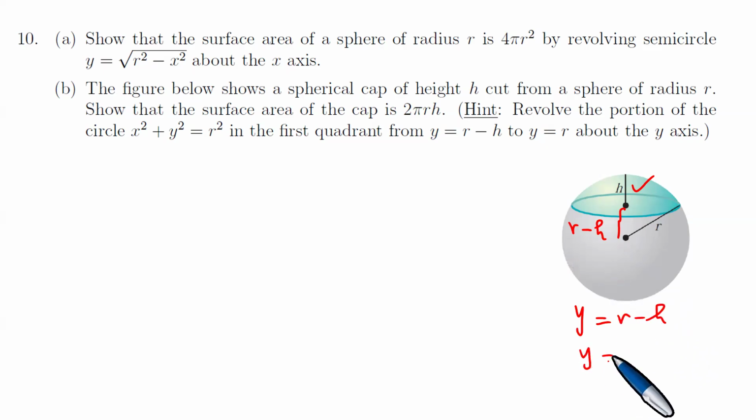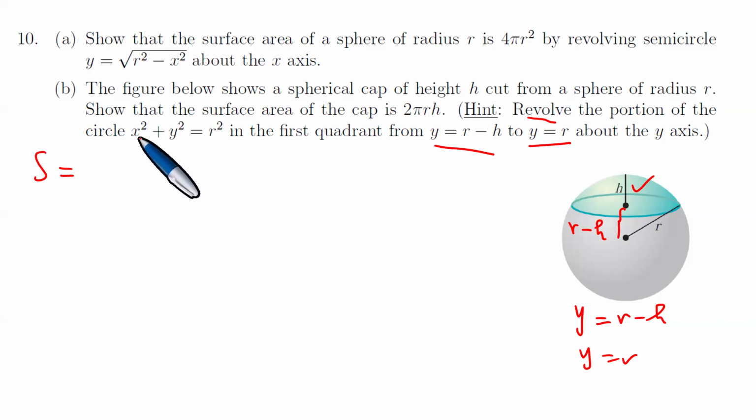But also we have y equals r. So the hint: revolve the portion of the circle x squared plus y squared equals r squared in the first quadrant about the y-axis. Meaning, therefore, the area of the surface.